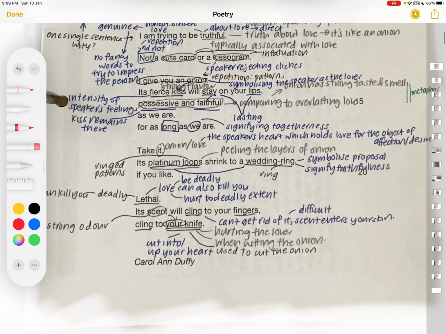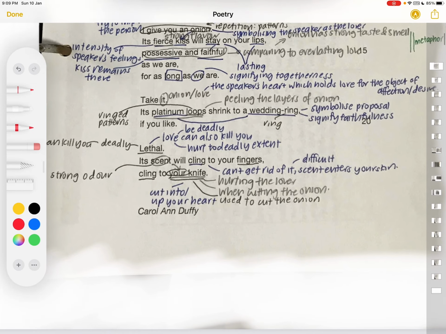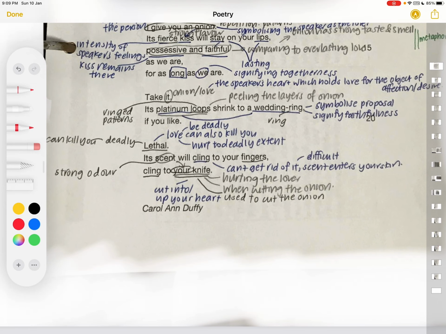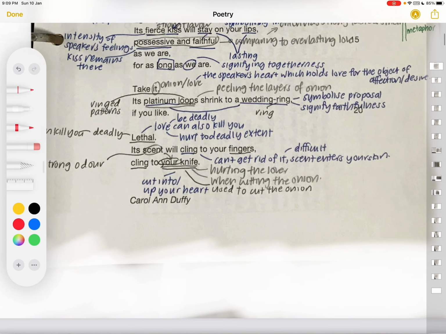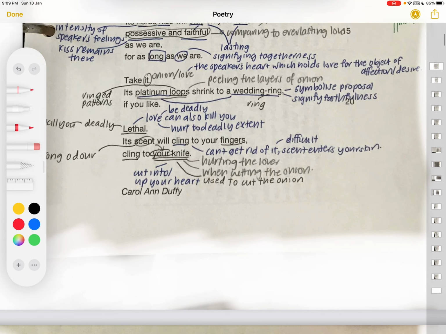So "for as long as we are," in the last line of the stanza, signifies togetherness, which is an element of love. "So take it," the "it" being the onion and also the love, because the speaker's heart holds love for the object of affection or desire. "Its platinum loops shrink to a wedding ring, if you like."